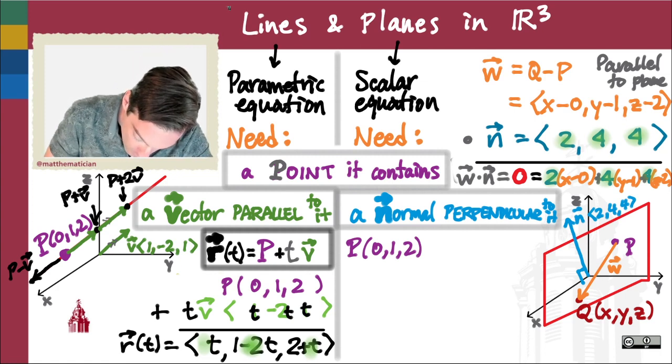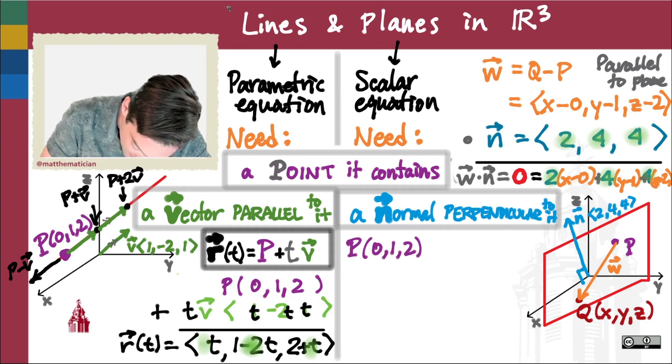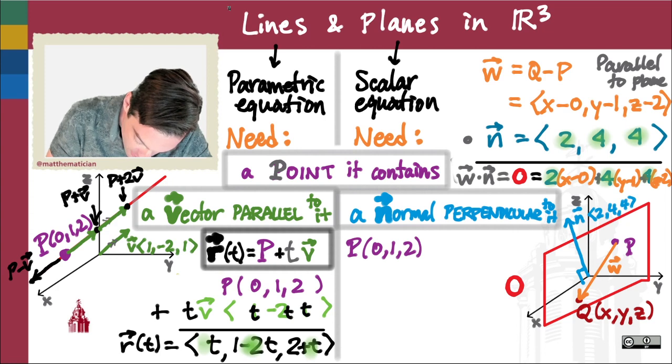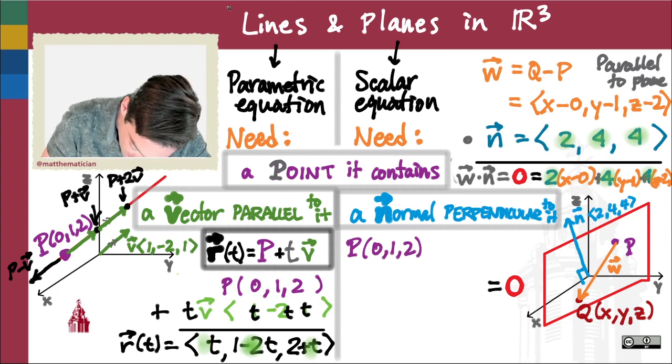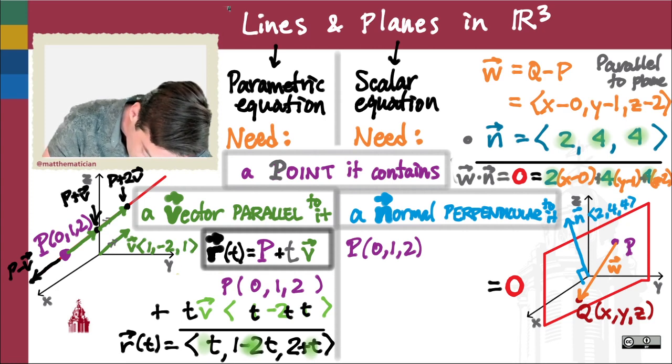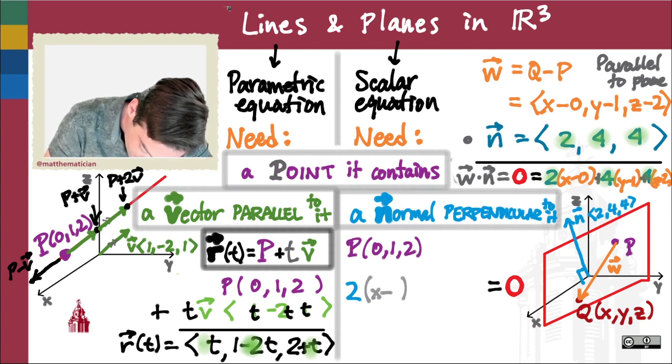So here is one quick and simple template that we can use to find an equation for a plane which is perpendicular to a given normal vector and which contains a given point. I'm just going to rewrite this equation so that we have it in as readable a fashion as possible. So 2, 4, 4, the components of my normal vector, end up being the coefficients of x, y, and z.